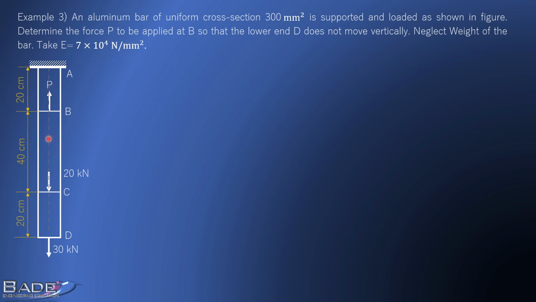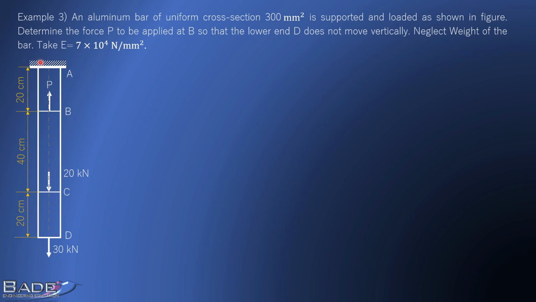These three portions are carrying three different loads. Determine force P. You want to find force P to be applied at B so that the lower end D does not move vertically. This is a very important condition to understand. Lower end D does not move vertically.